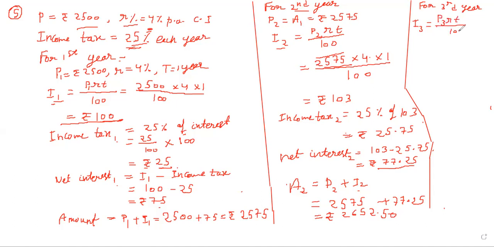We write the formula. We know that P3 equals the amount for the previous year, which is 2,652.50, times rate of interest 4 times 1 over 100.